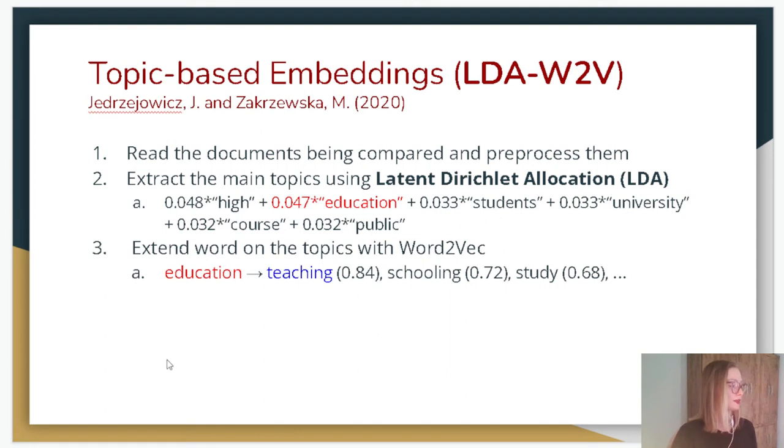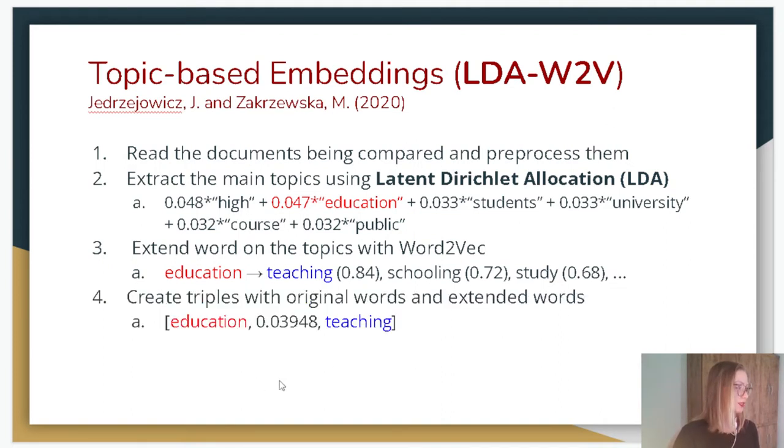After finding the main topics, the algorithm extends each topic word with word2vec. This means that if a topic contains the word education, for example, through word2vec we can find other similar words such as teaching, schooling, study, and so on. So after this word2vec extension, each document is now represented by extended words like teaching in this example and original topic words like education.